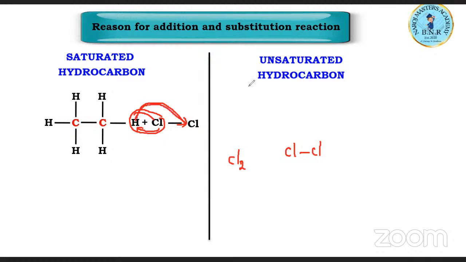Now, if you see here, carbon and hydrogen are there, and chlorine is also there. This hydrogen is reacting with one chlorine, so it is substituted here. This chlorine is reacted with carbon, and the other chlorine will react with hydrogen and form HCl.